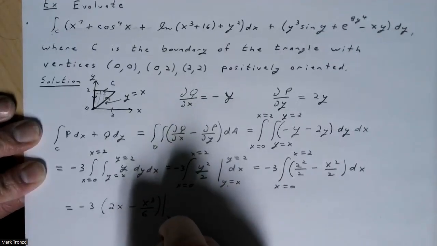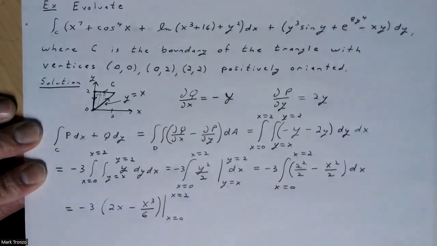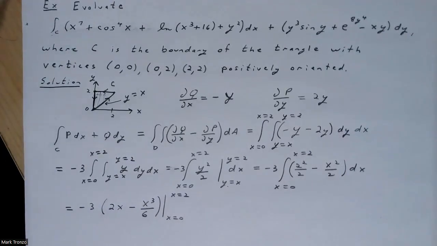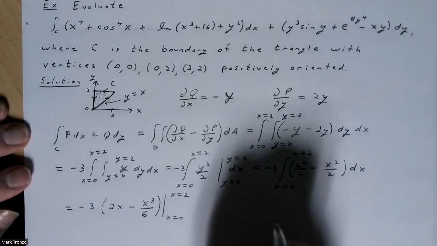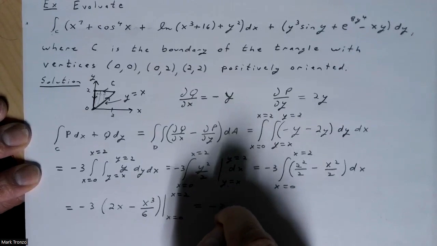And then evaluate it from x equals 0 to x equals 2. Then put the bounds in.